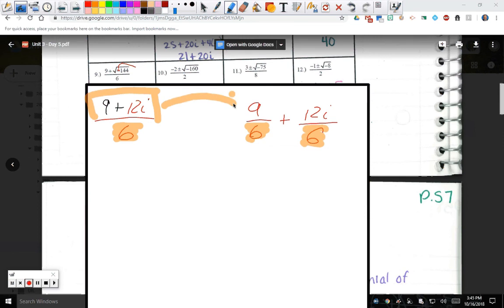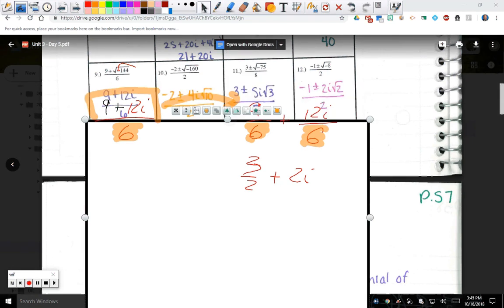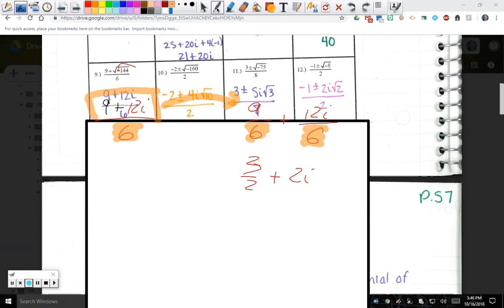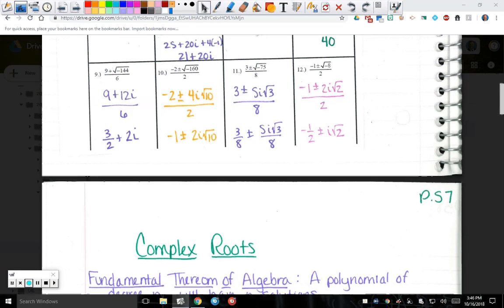We're going from that to this and reducing to this, 3/2 plus 2i, which is what you see right here. Okay? Hold on just a bit. Reduced over here. I have too much on here right now. Let me just move it down. 3/2 plus 2i.